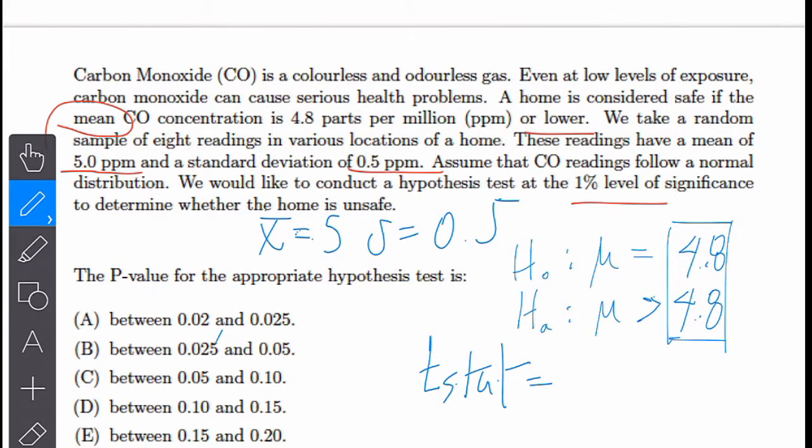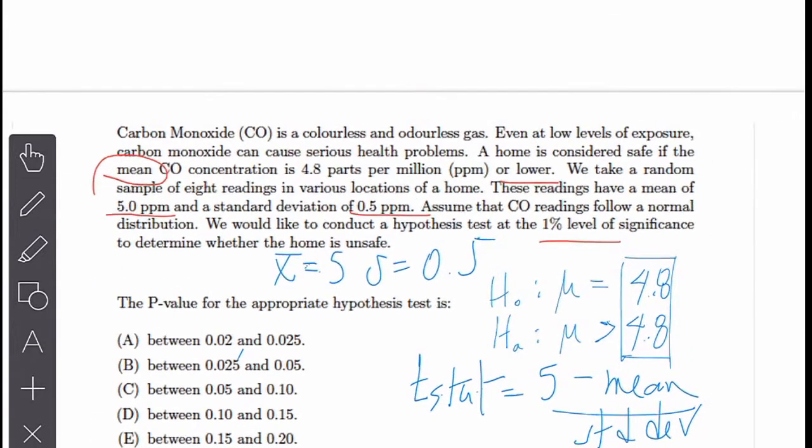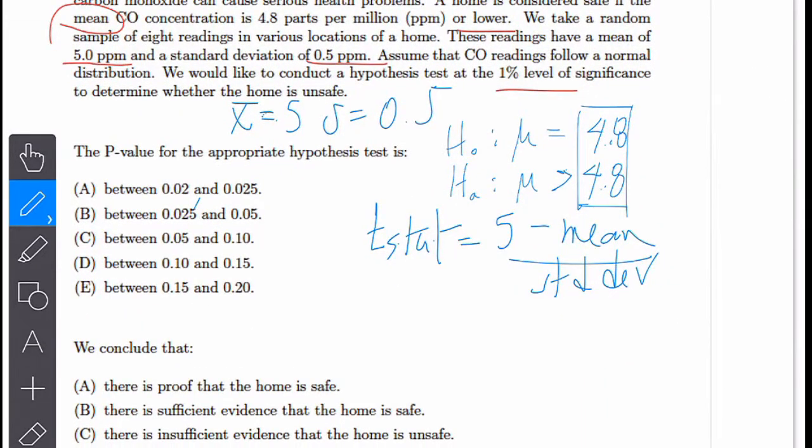You take your evidence, the evidence from the sample is 5, and I have to assess it by taking the mean and dividing by the standard deviation from the theory. That means that the best I can do is calculate with 5 minus the hypothesized mean, so this is always the hypothesized mean, so it's minus 4.8, very close, divided by the standard deviation, which is 0.5 over the standard error, right?